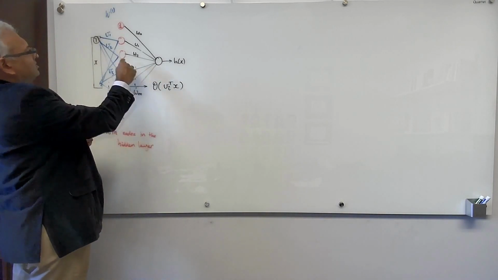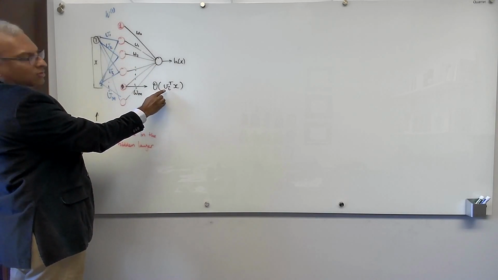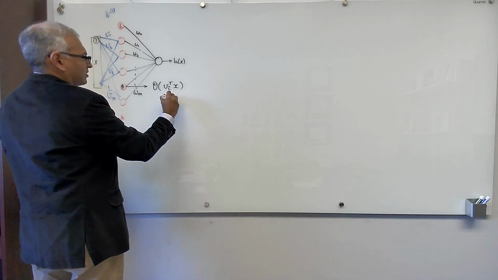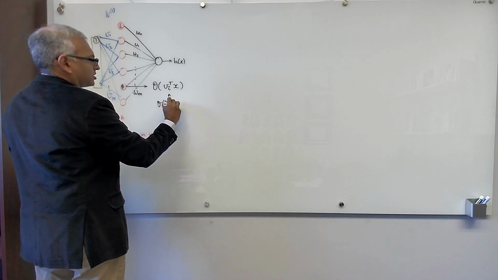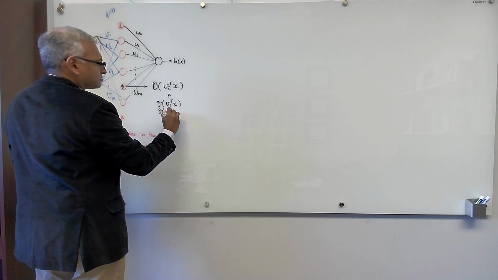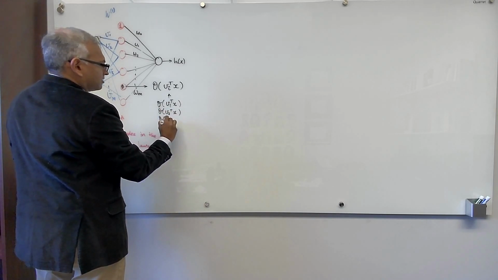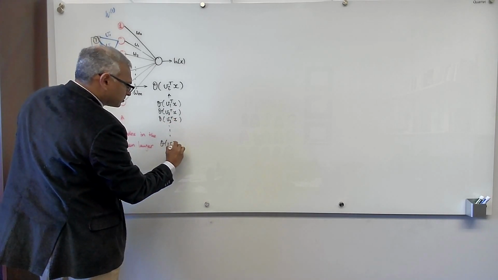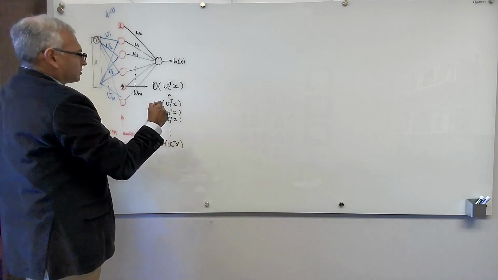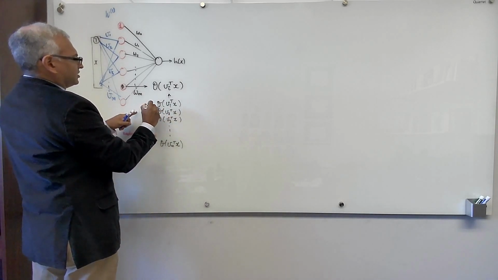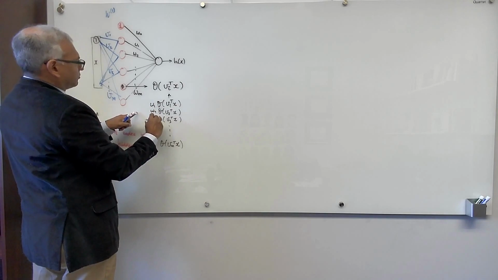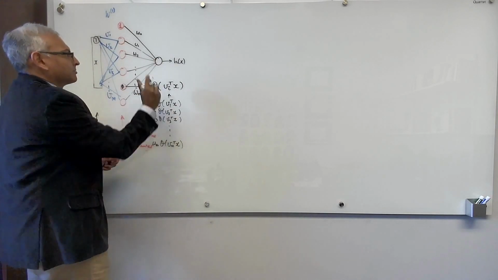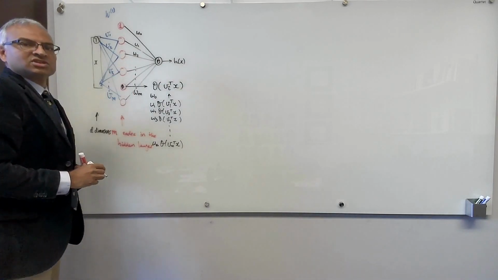Well, H of X takes each of the perceptron outputs: theta of V1 transpose X, theta of V2 transpose X, theta of V3 transpose X, and so on, theta of Vm transpose X. We multiply each of these by W1, W2, W3, up to Wm, which is what this perceptron does, add the W0, add all these up and apply a function theta again.